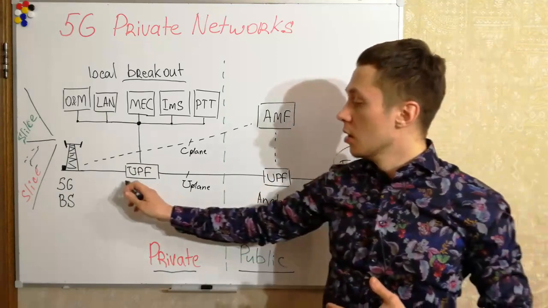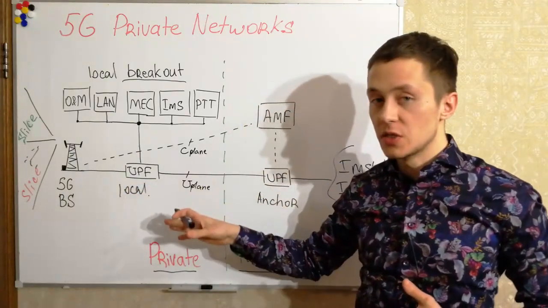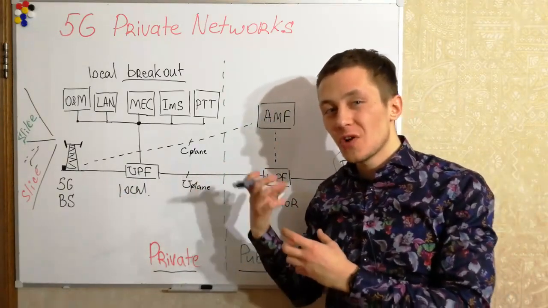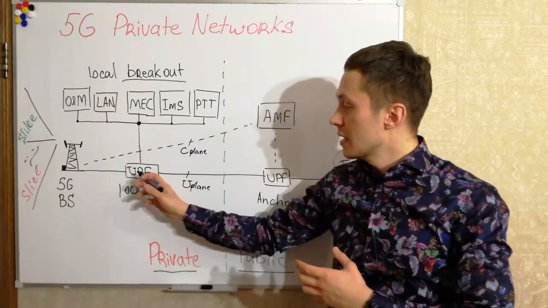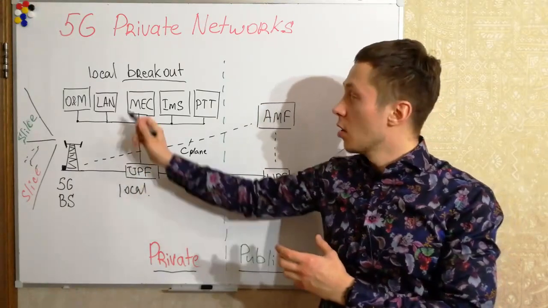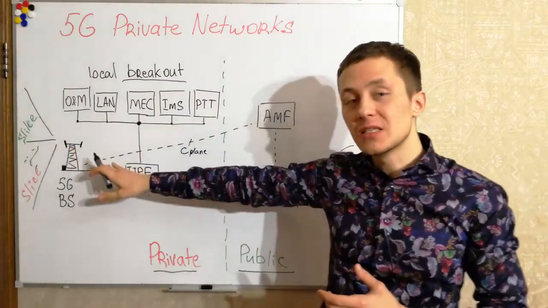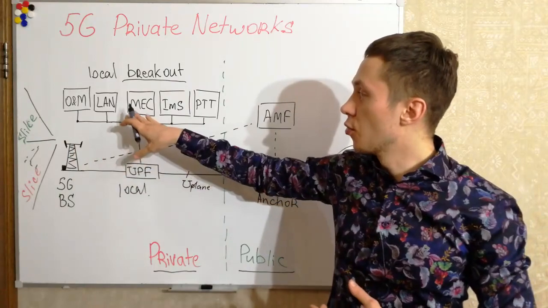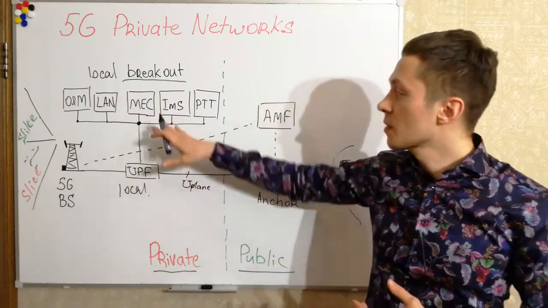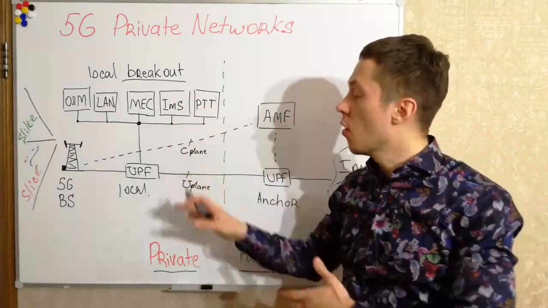For example, local UPF, let's say so, is in a role of orchestrator, in a role of traffic ruler here, and can be a point for local breakout, for the operation and maintenance system of the enterprise, for mobile edge computing for enterprise purposes, local IMS, push-to-talk services, and so on.